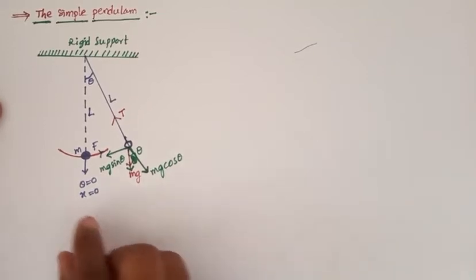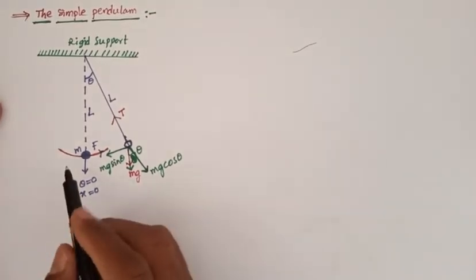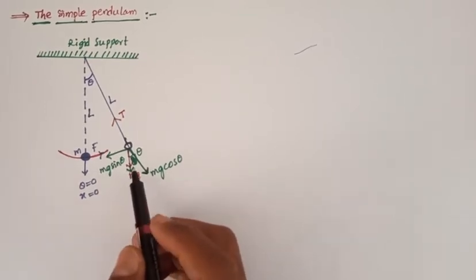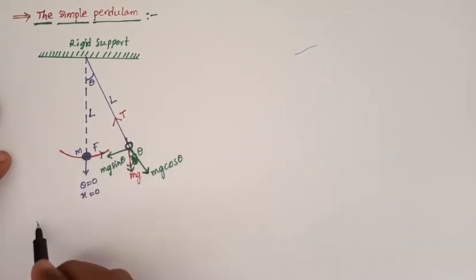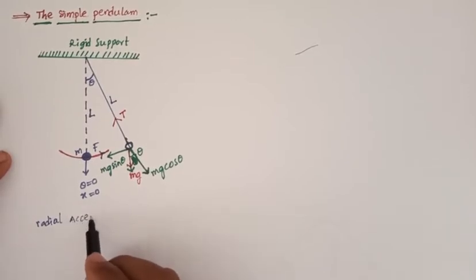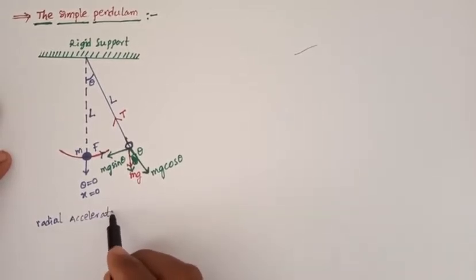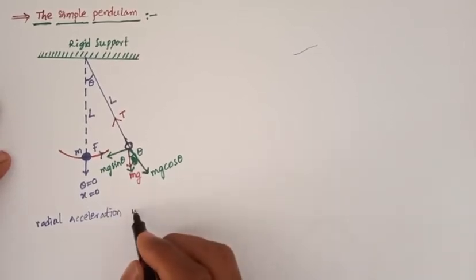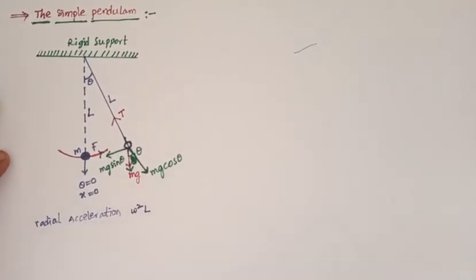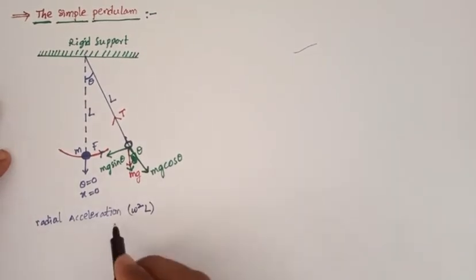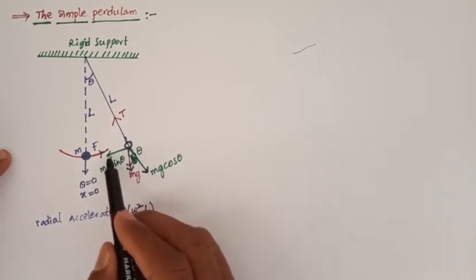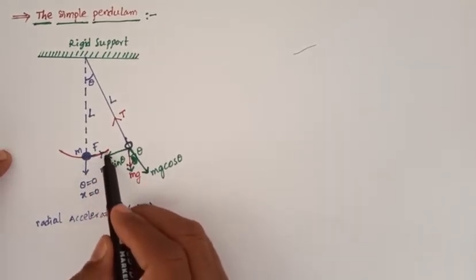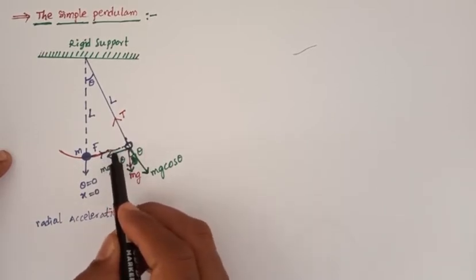The radial torque on this simple pendulum is due to the radial acceleration, which is omega square L. Along with the radial acceleration there is also the tangential one.